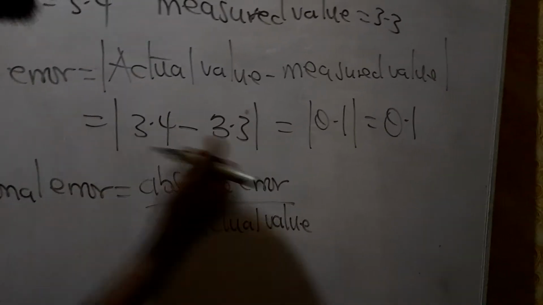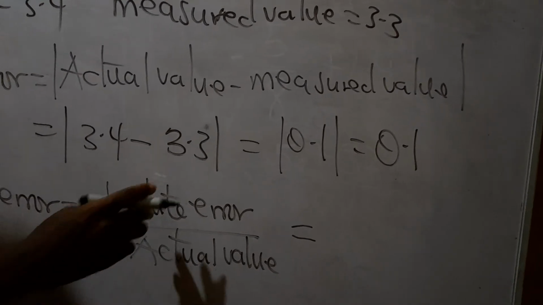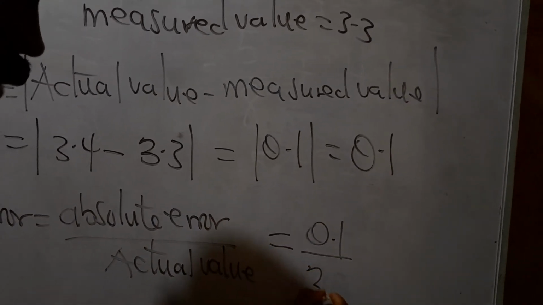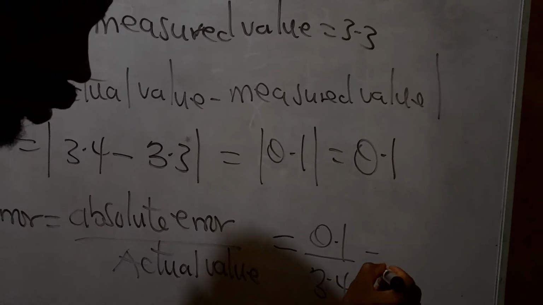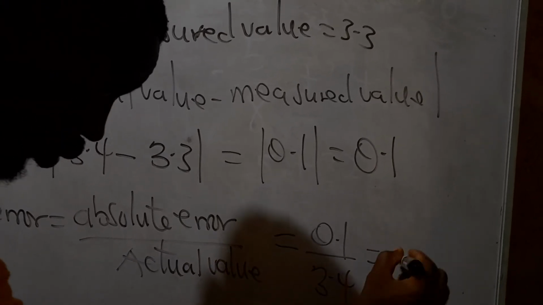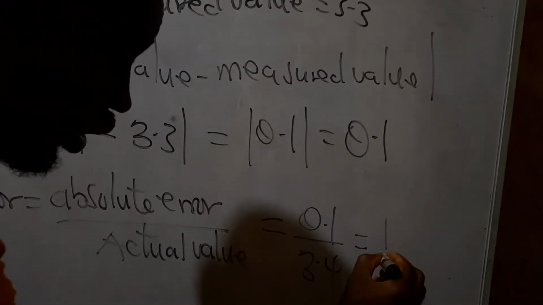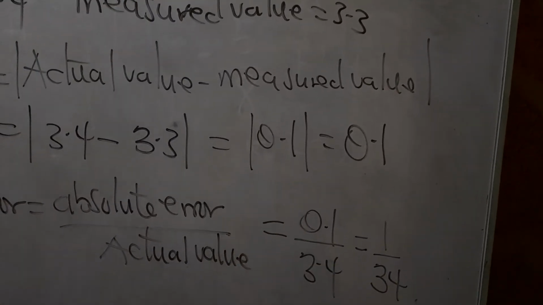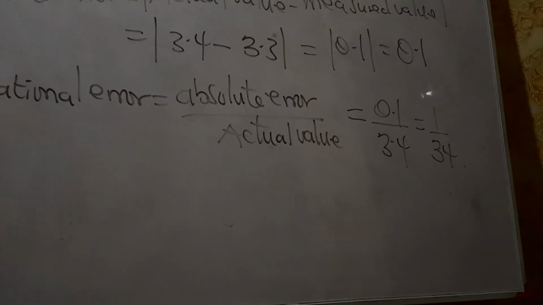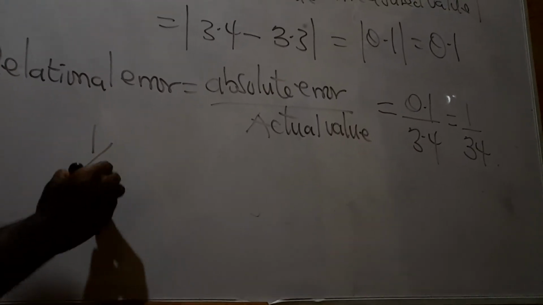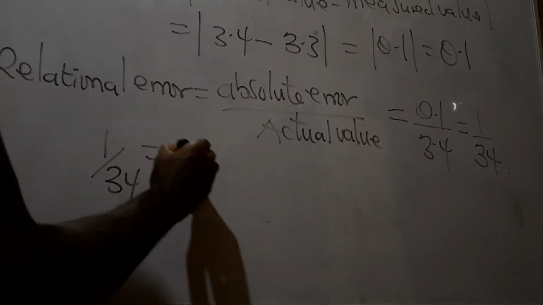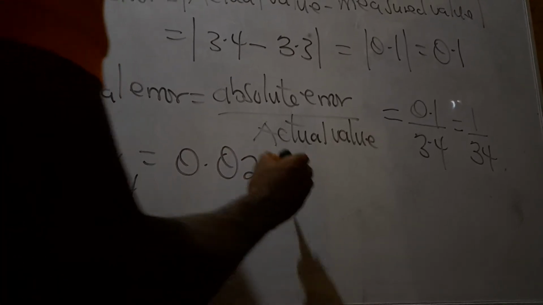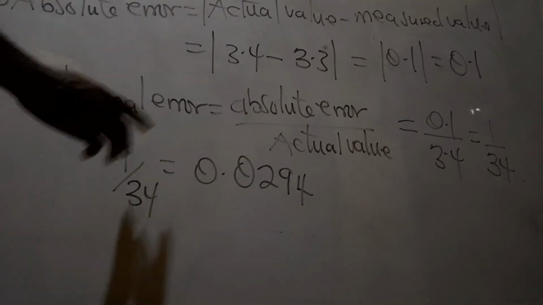So the absolute error is 0.1 over actual value 3.4. When we compute that, we get 1 out of 34. So when we change 1 over 34 into decimal, we get 0.0294. So now we know the relative error.